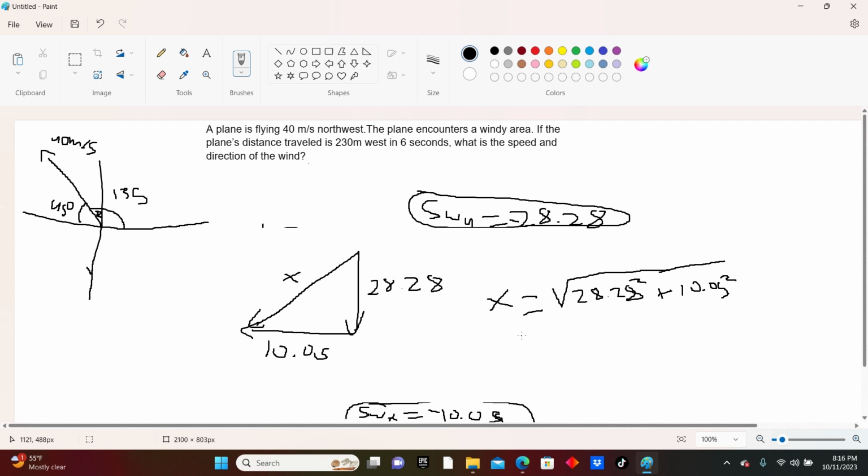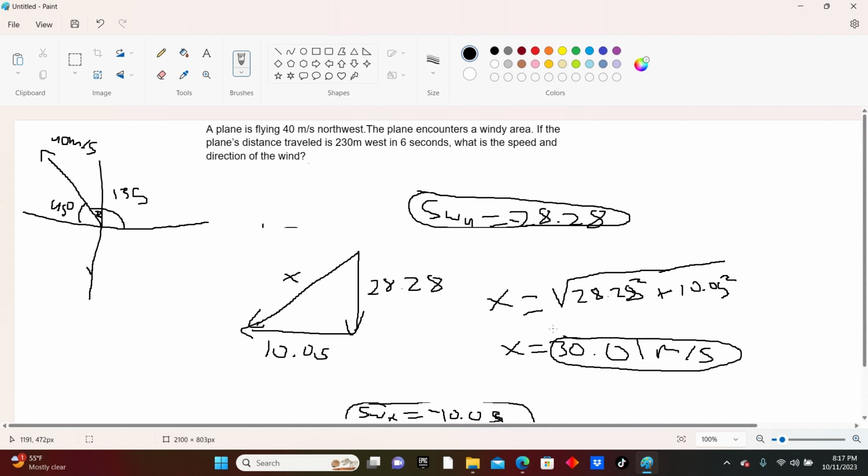If you plug this into your calculator, you should get a value of about 30.01. So x equals 30.01 meters per second. That's our speed.